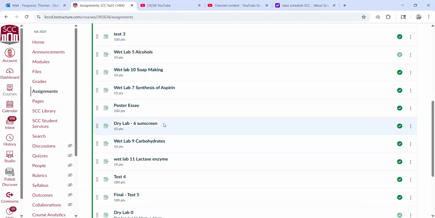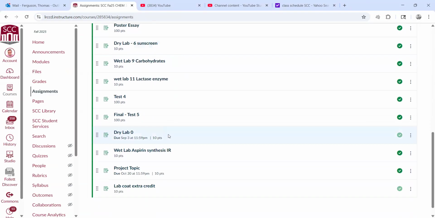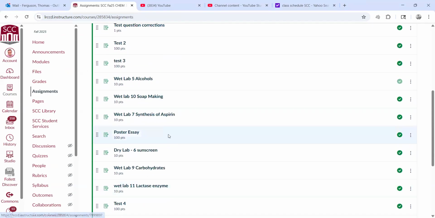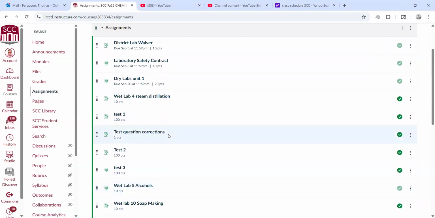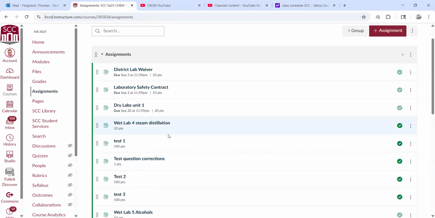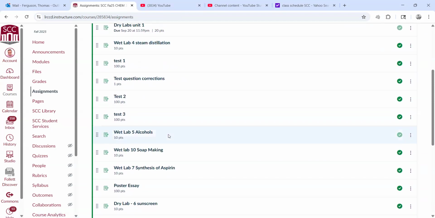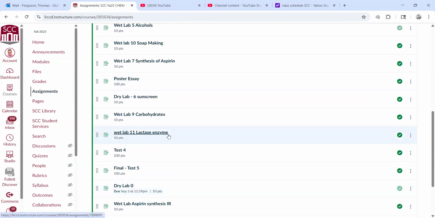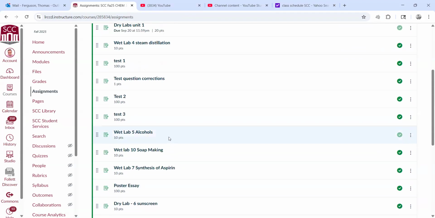No, that's sunscreen. Professor, isn't it Wet Lab 5 on alcohols? Yeah, did I run by it? Yeah, it's right above soap, so go a little bit more up. And it should be Wet Lab 10 soap making and then Wet Lab 5 alcohols. Yeah, this is it here. So when you click on that, it'll prompt you for a file name, just like we've been doing. Okay, thank you.